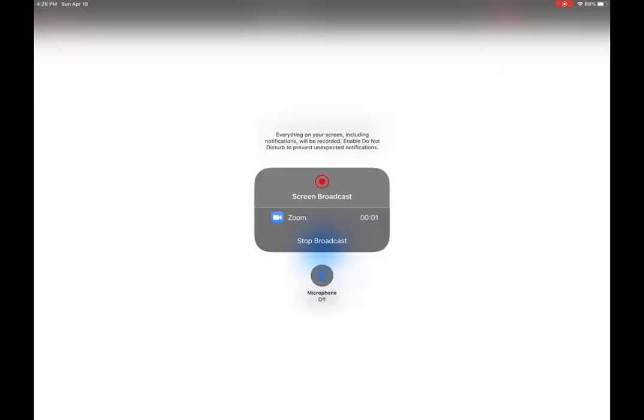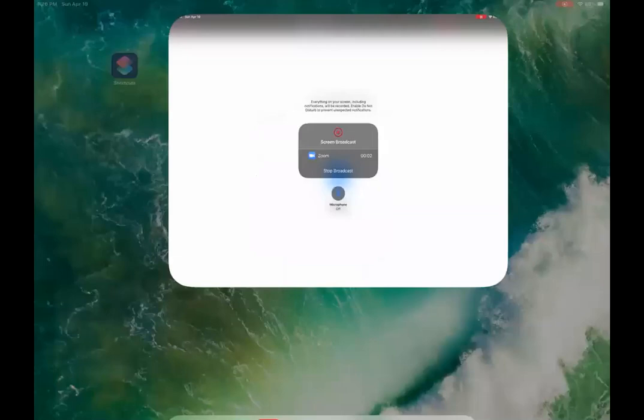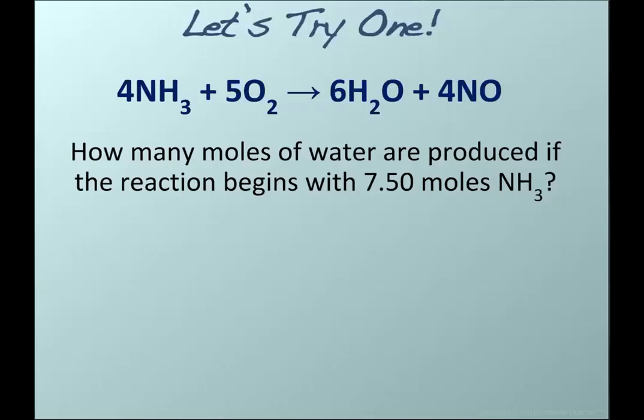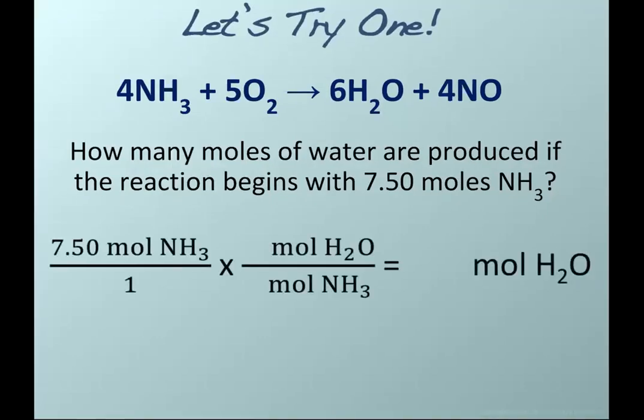So let's see if I can go back to sharing my screen. And let's see if we did it right. Okay, we got 7.5 moles of NH3.